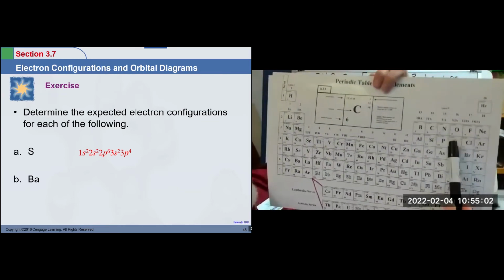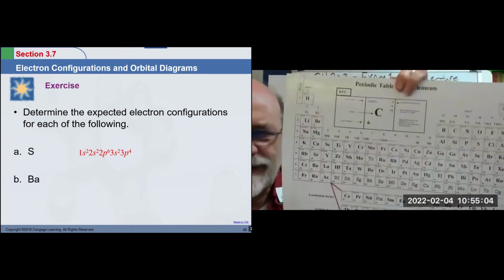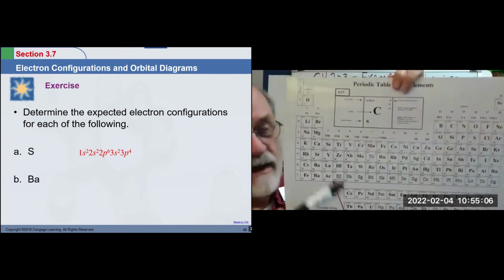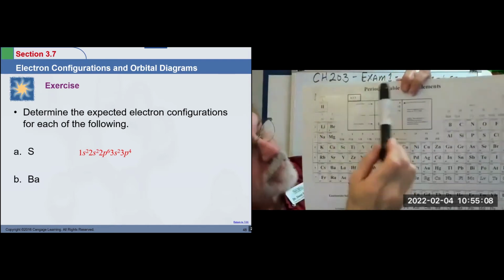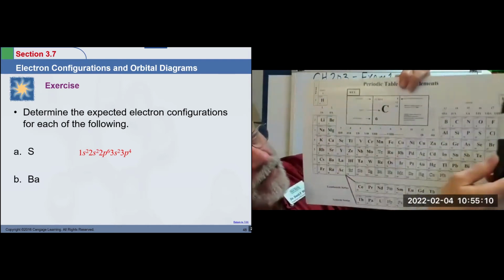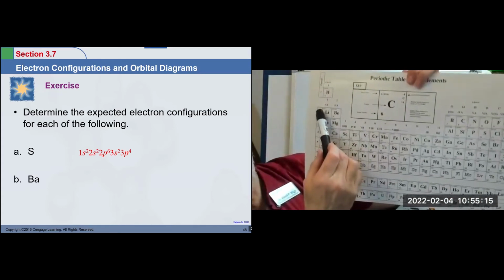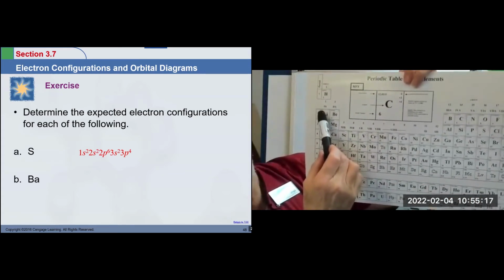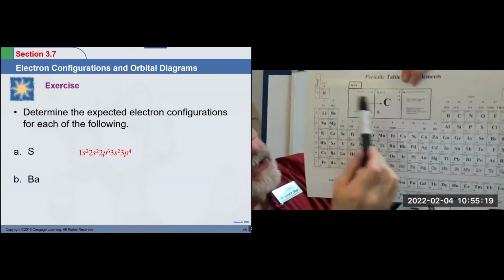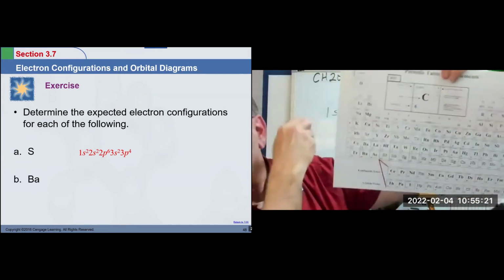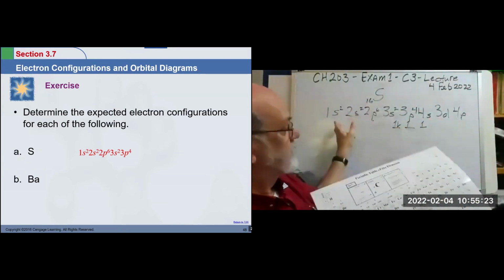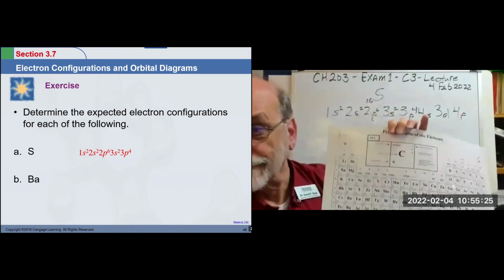Okay. Well, as we're building atoms, we can walk through, right? 1s1, 1s2, 1s2, 2s1, and you can just keep adding based upon this list. Okay.